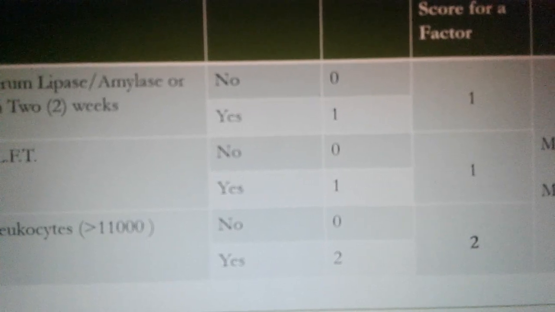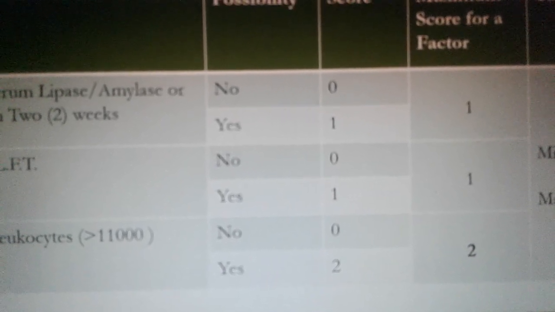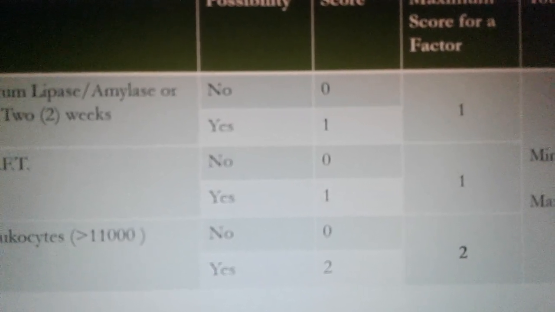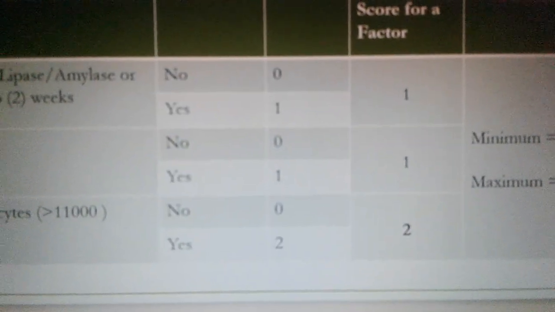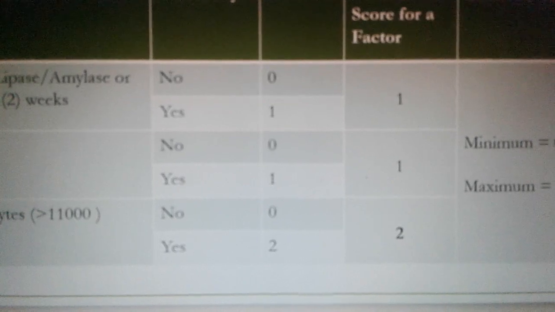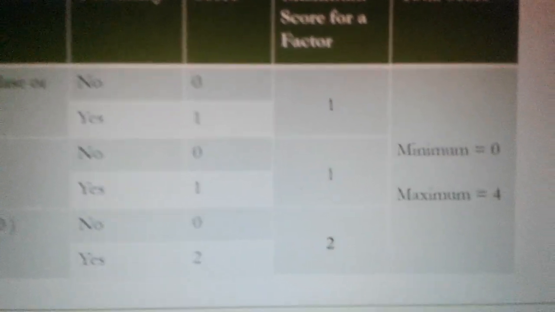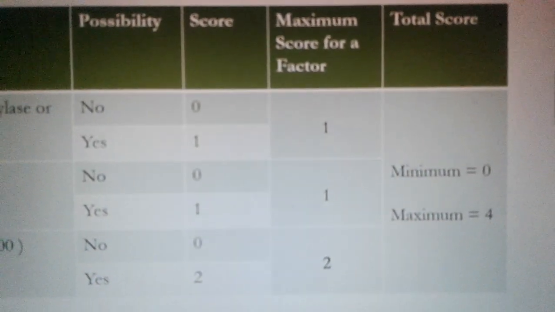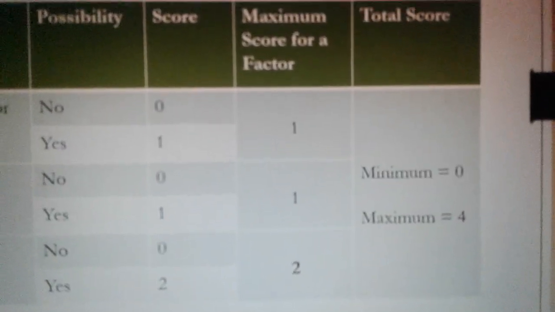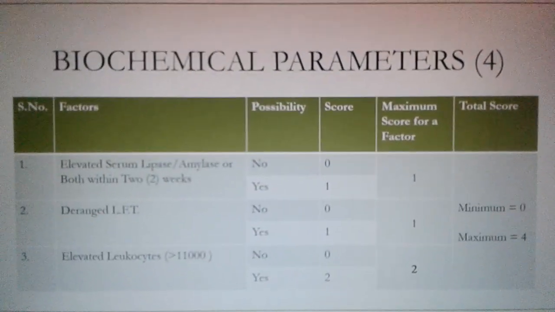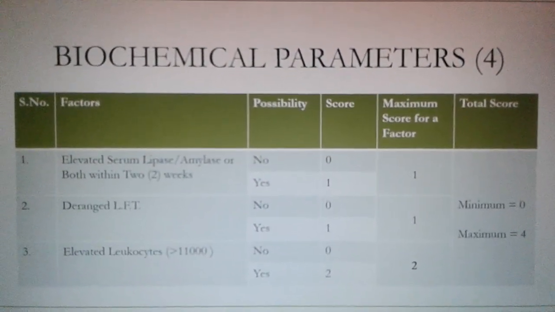If TLC count is more than 11,000, yes, 2. So the maximum score for a factor in these groups is 1, 1 and 2. Add them up, maximum score would be 4. Add 0 plus 0 plus 0, minimum score would be 0. So this is for biochemical parameters. Maximum score 4.